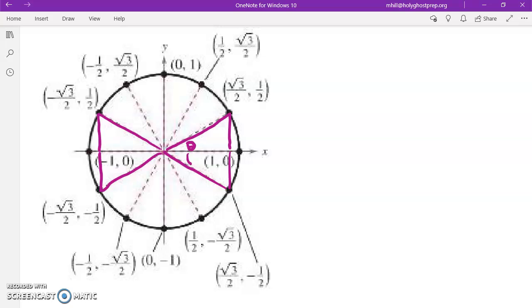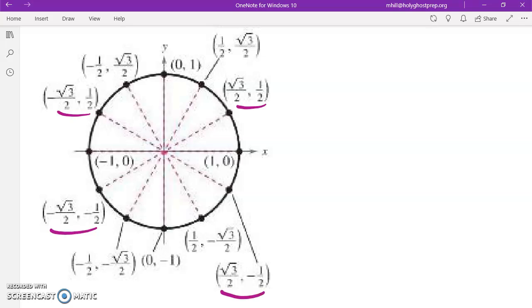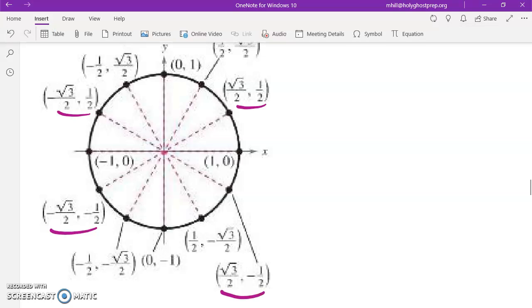Because all of these, this would have been negative pi over 6. This would have been 5 pi over 6, and this one would have been 7 pi over 6. And notice, when I say 7 pi over 6, I'm saying that entire angle there. So all of them are a reflection of root 3 over 2 and 1/2. So these 4 all go together, the 4 inner ones. I don't know why that was written all the way down there, but it is.